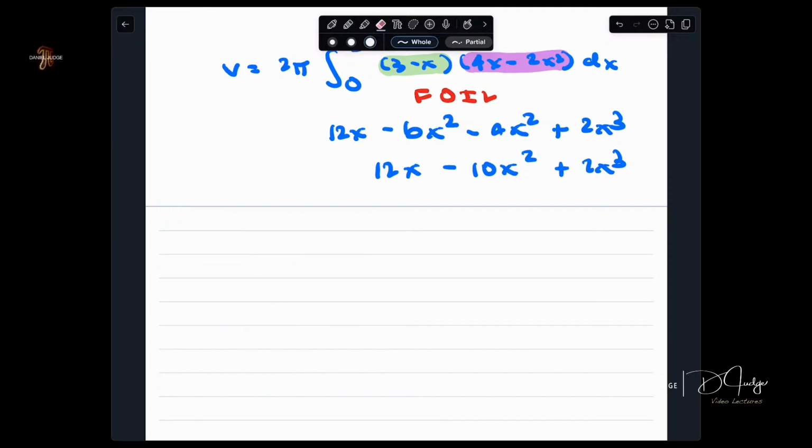Let's factor out a 2 since we're at it here. 6x minus 5x squared plus an x cubed. All right, that looks good.